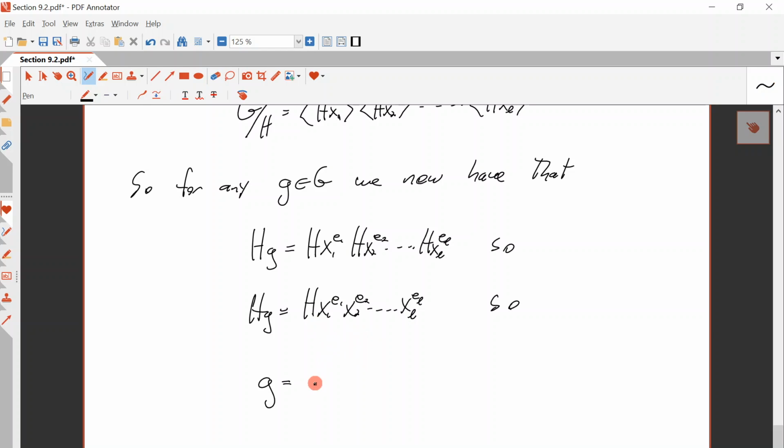Right, where H is a cyclic subgroup generated by A. So that's A to the E, X1 to the E1, X2 to the E2, XL to the EL, because H is just that.